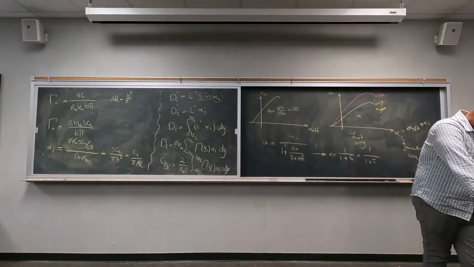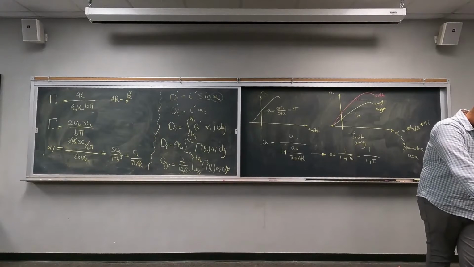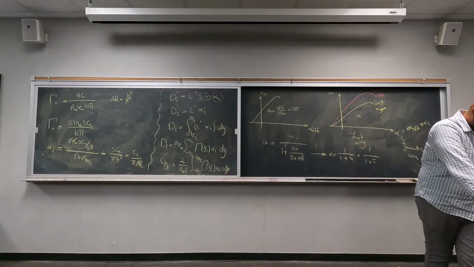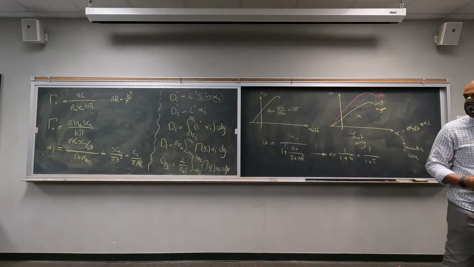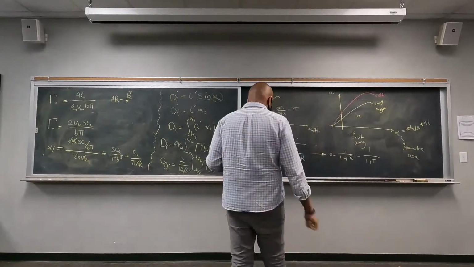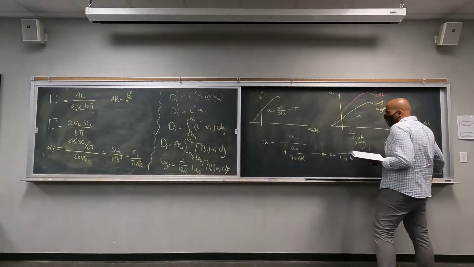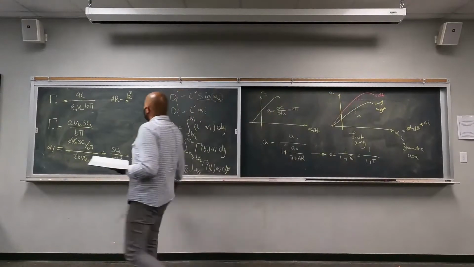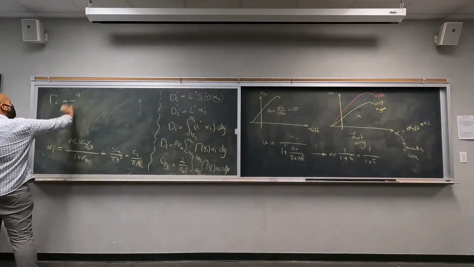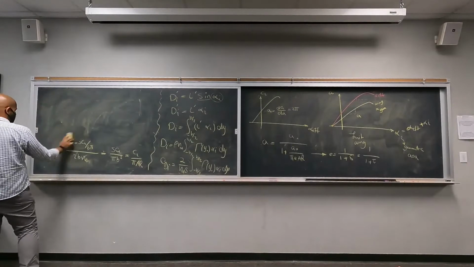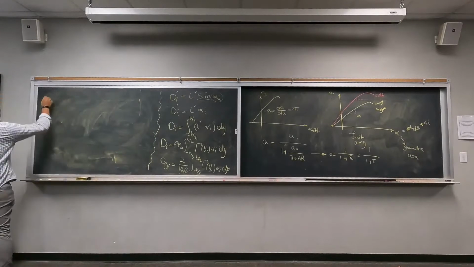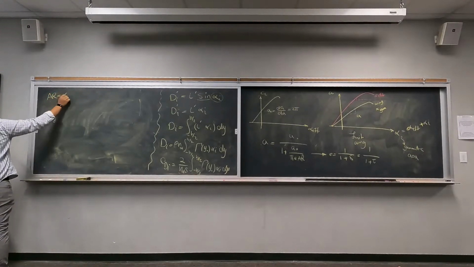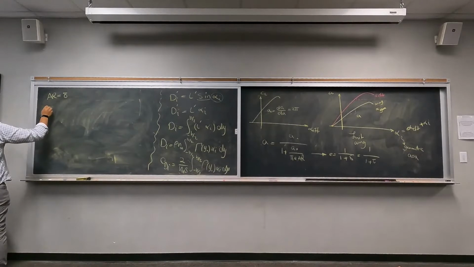We are told to consider a finite wing with an aspect ratio of 8, a taper ratio of 0.8. So a finite wing, aspect ratio of 8, taper ratio of 0.8.